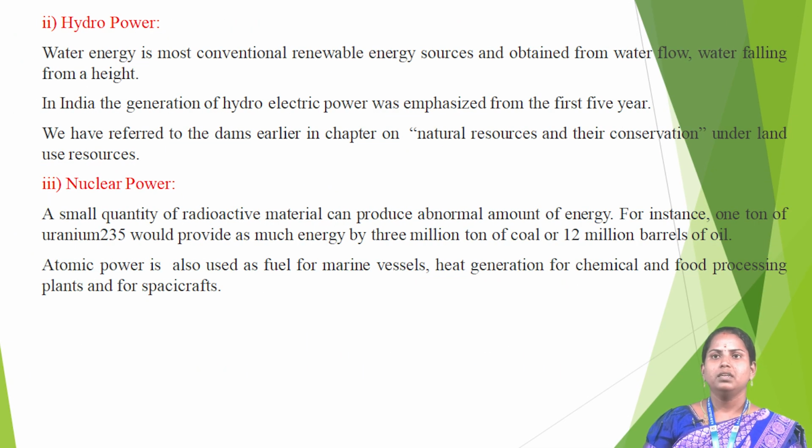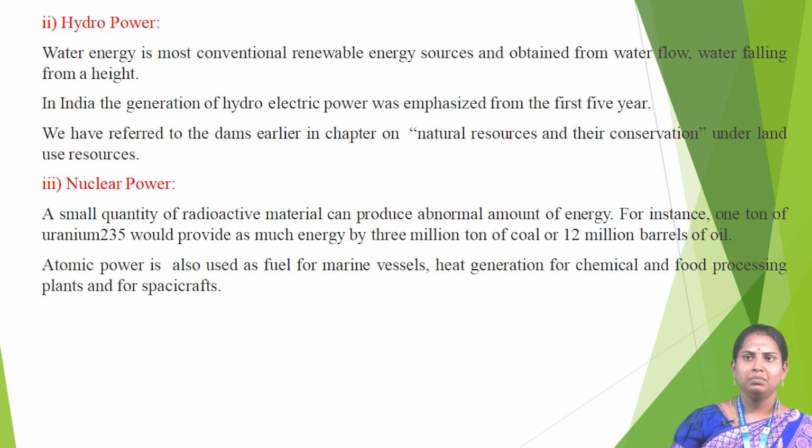Hydropower. Water energy is the most conventional renewable energy source and is obtained from water flow and water falling from a height. Hydropower is a clean, non-polluting source of energy. It can be transmitted over long distances through wires and cables.